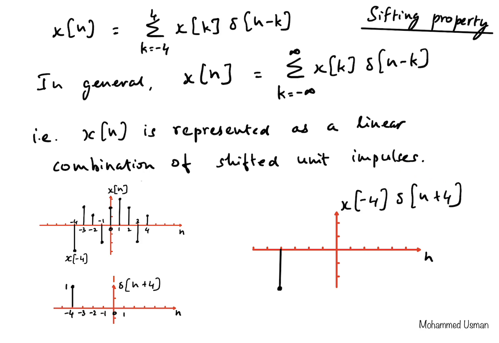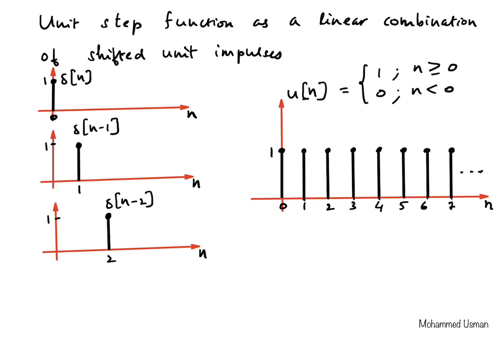And just to get this point clearer, where we are trying to represent any signal x of n as a linear combination of shifted unit impulses, let's take the example of the unit step function, which we have seen earlier, and we will try to represent the unit step function as a linear combination of the unit impulse function, or as a summation of shifted unit impulses. So let us now see how we can represent the unit step function as a linear combination of shifted unit impulses.